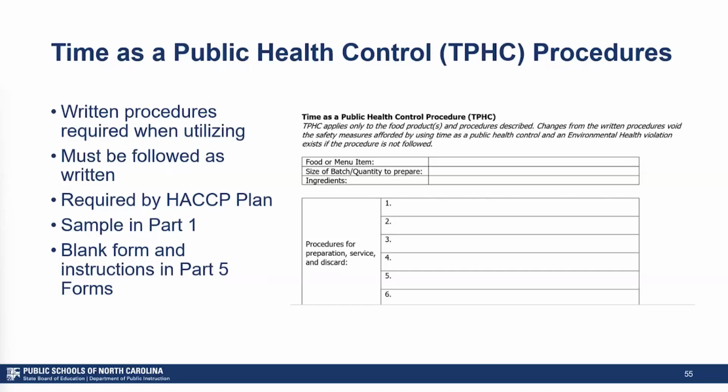You don't have to use this form, it's voluntary. However, it does include all of the essential information that must be included on any written TPHC procedure used for your SFA. You can also contact your school nutrition consultant for more information about and assistance with TPHC procedures.